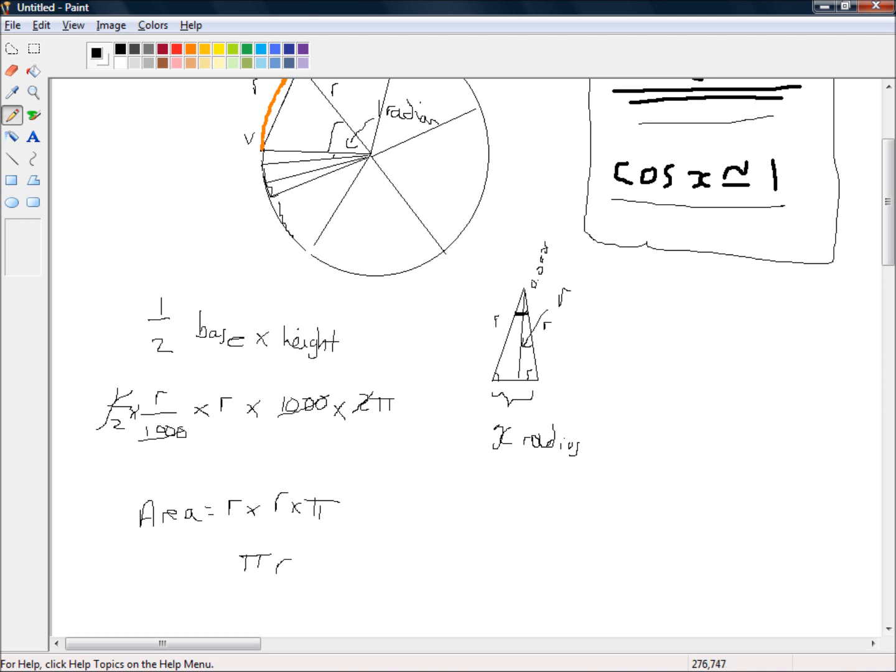So that's pi times r squared, or pi r squared. Okay, I hope that wasn't too hard. Now I hope that you can understand why the area of a circle is pi r squared.